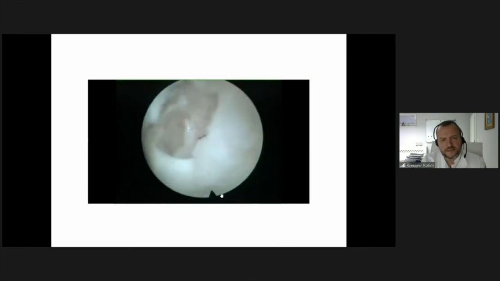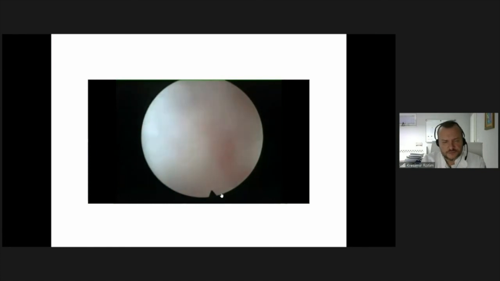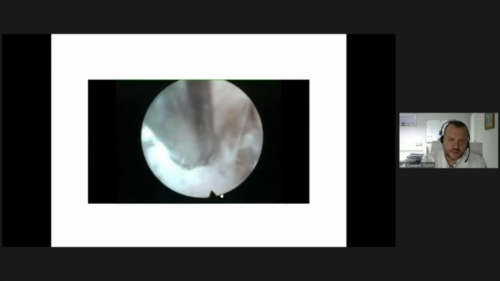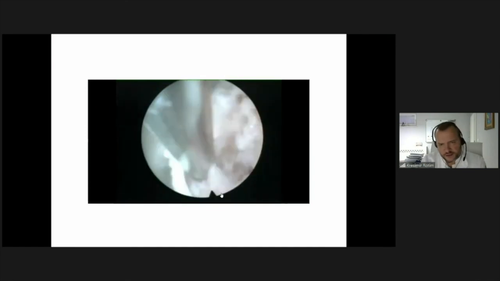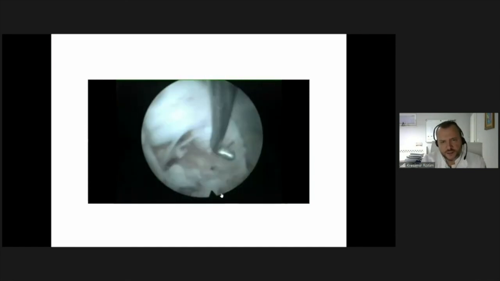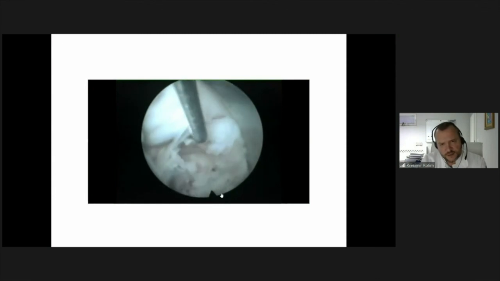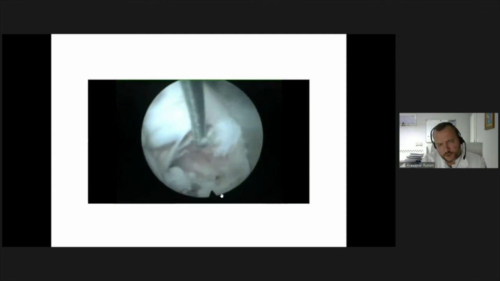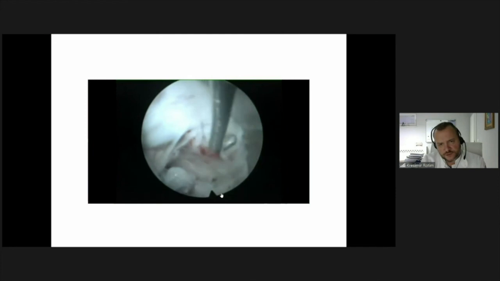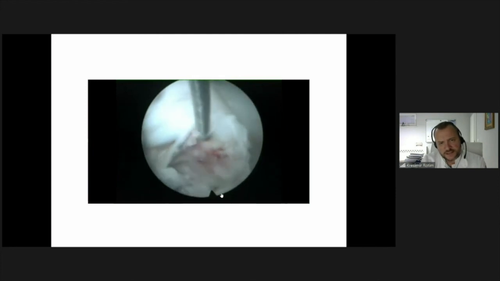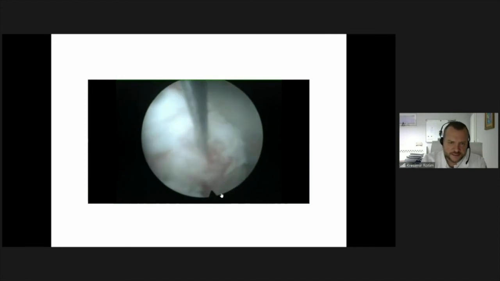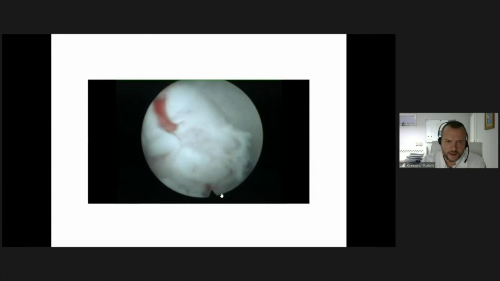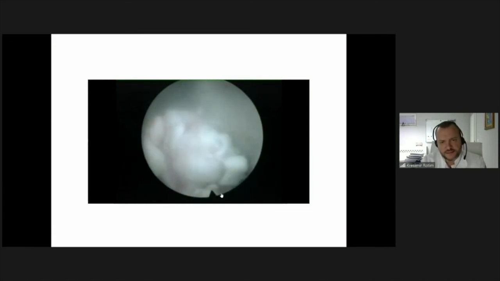Here is some fat tissue. There is, of course, always a matter of visualization, of obstruction. Lots of irrigation has to be used. This is now working around the nerve root and making sure it's not underneath the working tube. And this is the disc fragment that is now coming out beneath the spinal root.